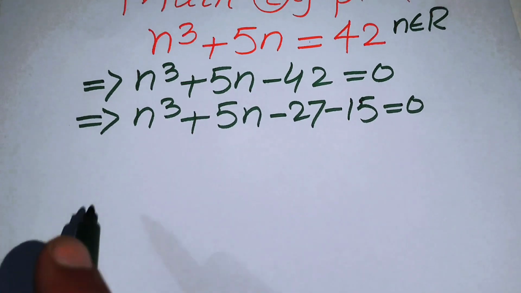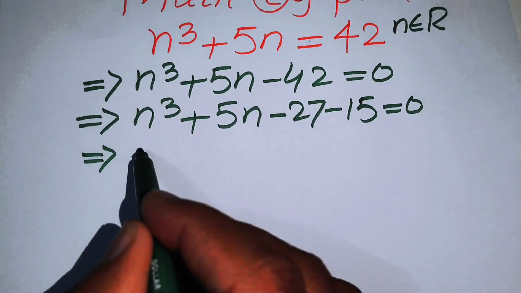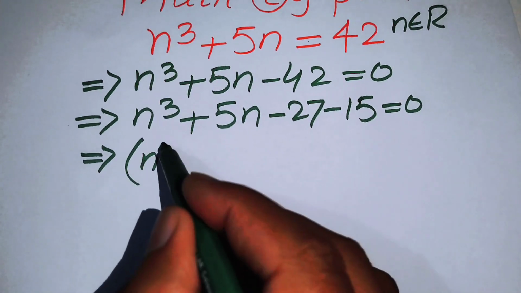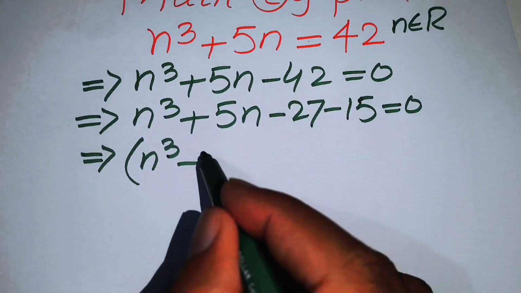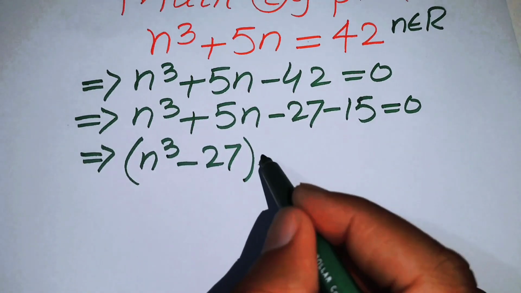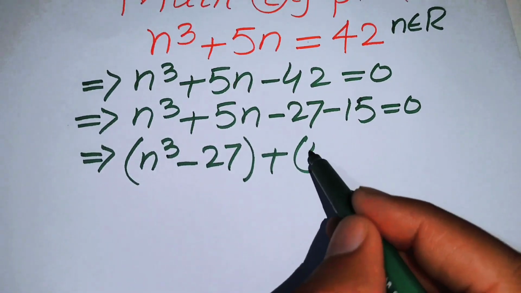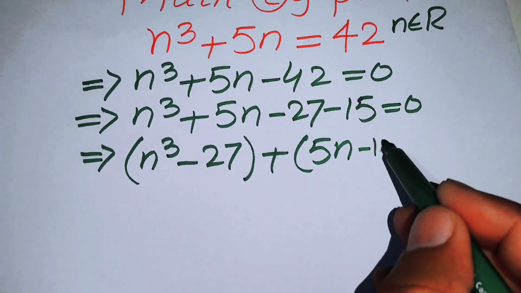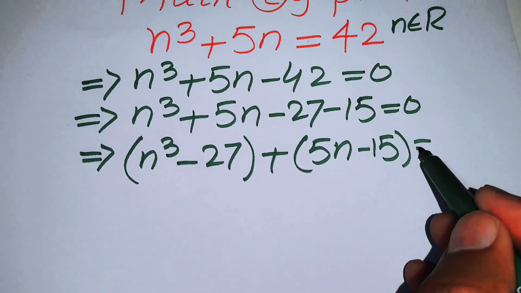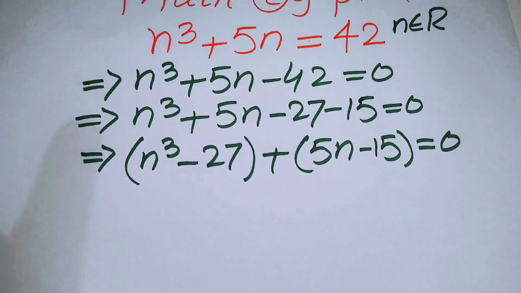Then we can rearrange the terms, and we make the pair of n cubed with minus 27, and the pair of 5n with minus 15, and this whole equation is equal to 0.